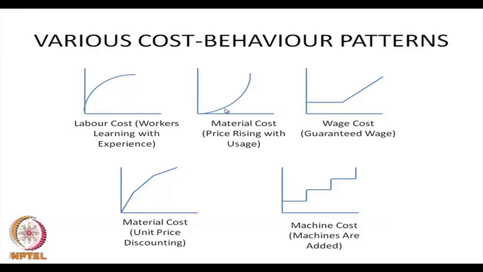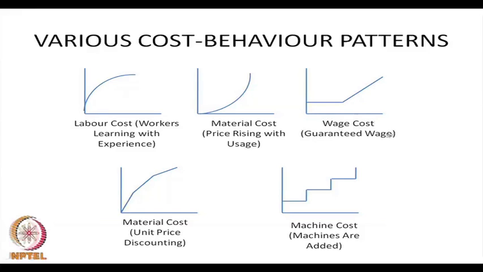Material cost, suppose that price rises as we go for more and more material, material is not available and therefore, they have to be procured at a higher price, then material cost can go up higher than linear.